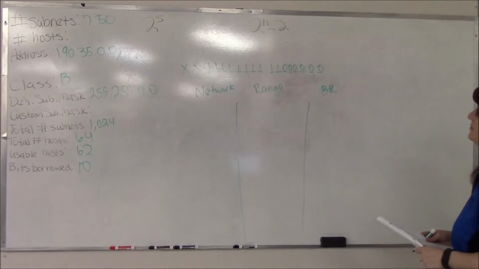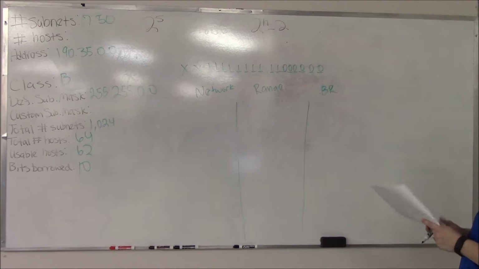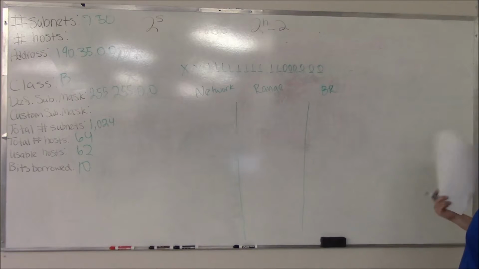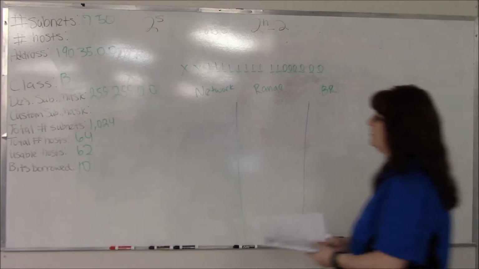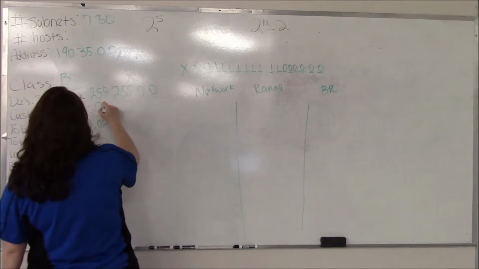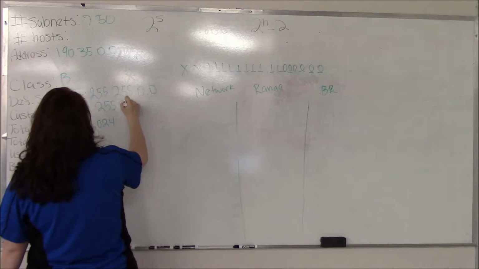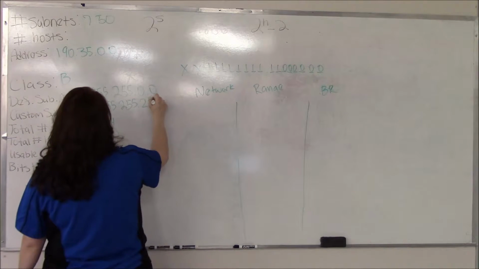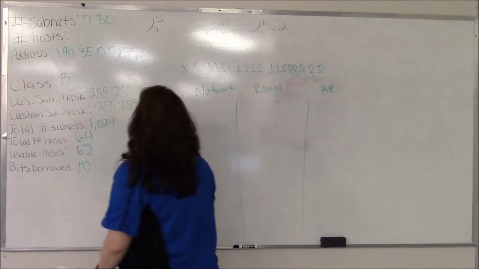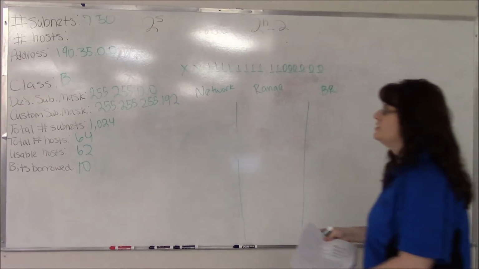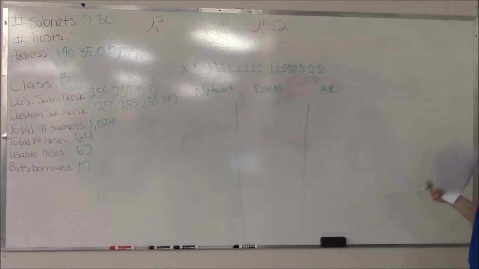What's my custom subnet mask? 255.255.255.192. There you go. So this is a B subnetted down to a C. Any questions about how we got those numbers?